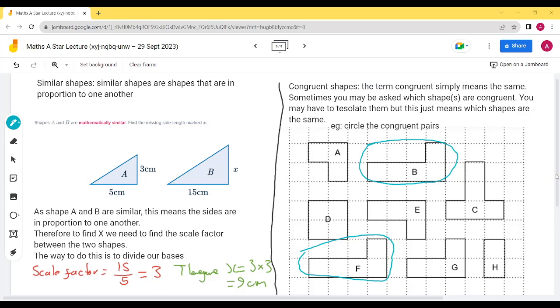And then we've got as well, you would have to flip E upside down to do it, but E and G are in effect the same shape because you could flip E upside down. So we're going to circle E and G as our second set of congruent shapes. All right, so that's all. The main thing is just understanding the terminology. Congruent just means the same.